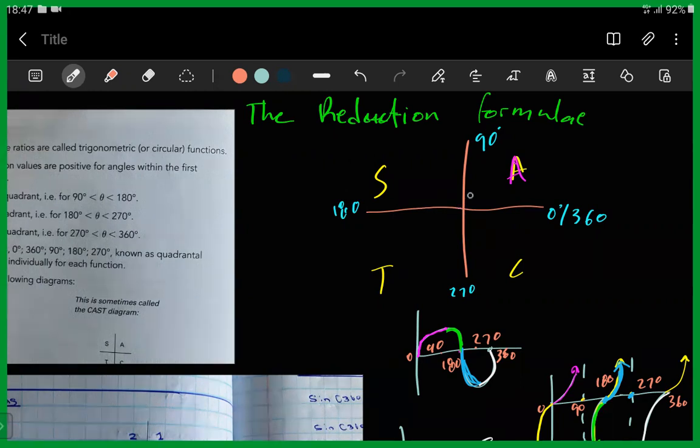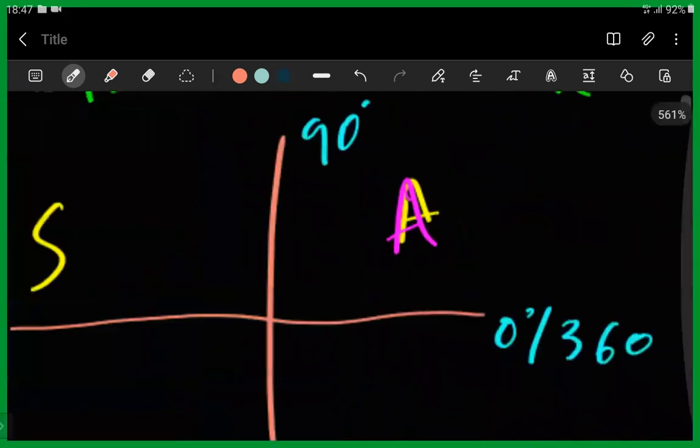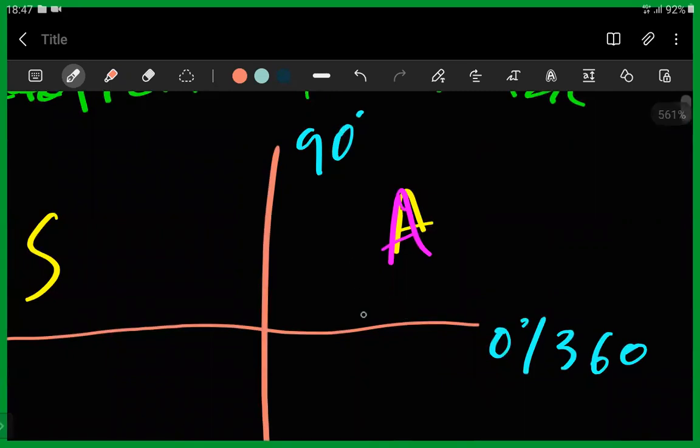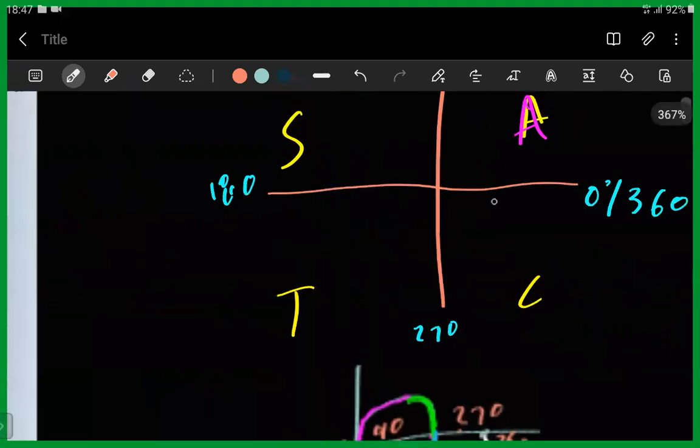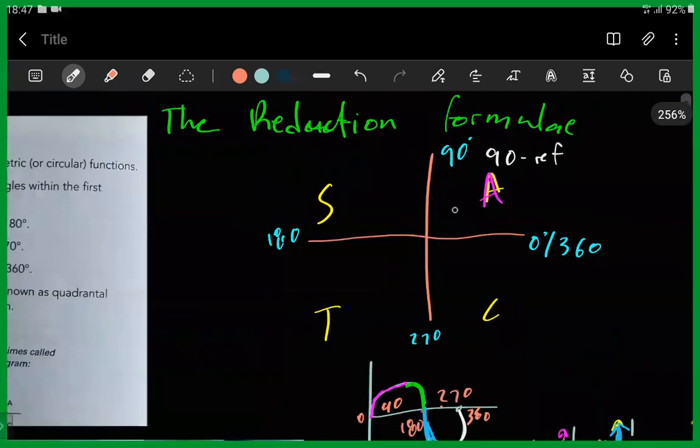So in these different quadrants, you have different expressions. In the first one here, you can have 90 minus a reference angle, or you can have 360 degrees plus. That's what you can have here.